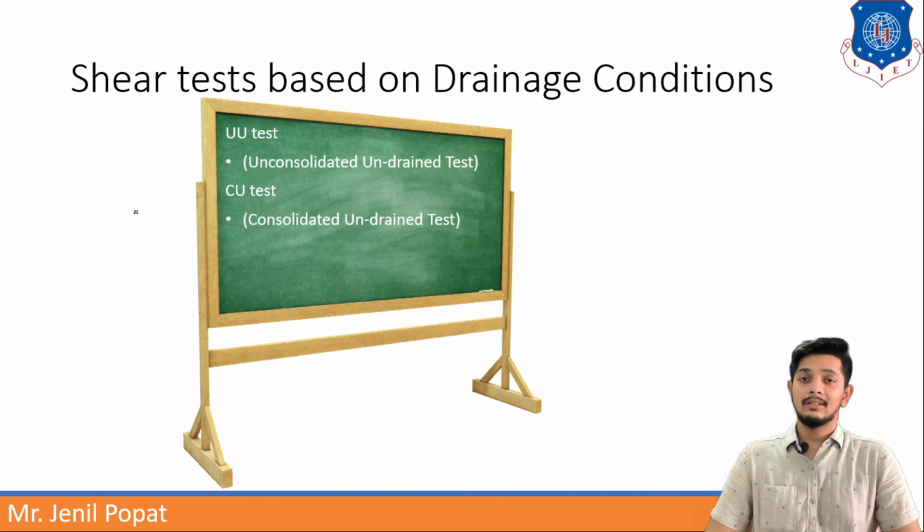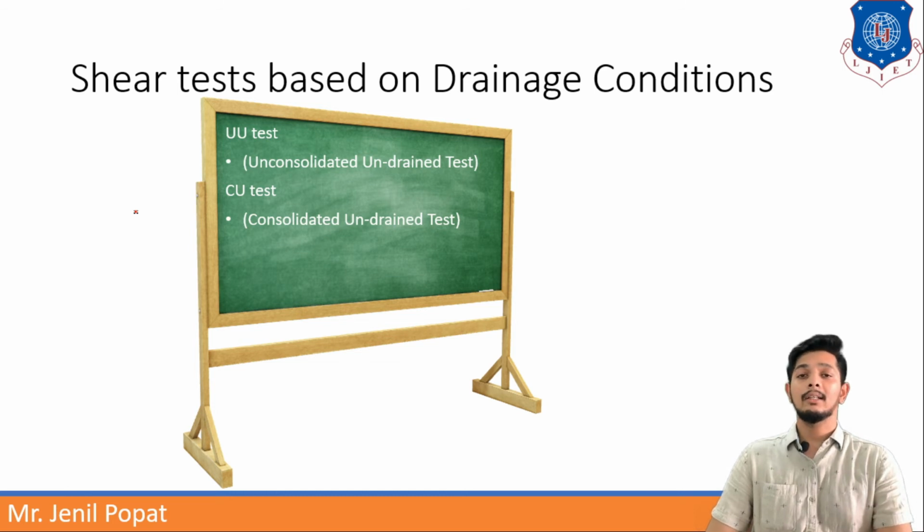But in the second stage, where the specimen is being sheared, there will be no moisture allowed. It is the R test, which is in between Q and S. It is also known as a rapid test, and it is generally used for sudden drawdown cases. I mean, wherever the drawdown of water is sudden, you have to test with this test.